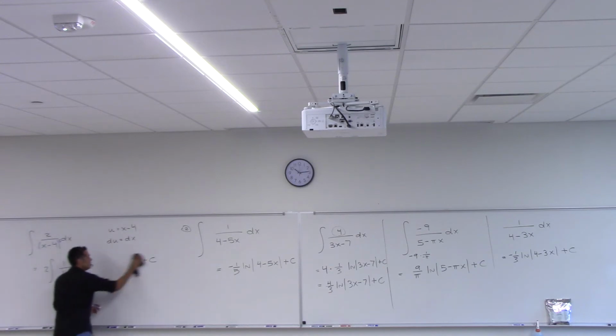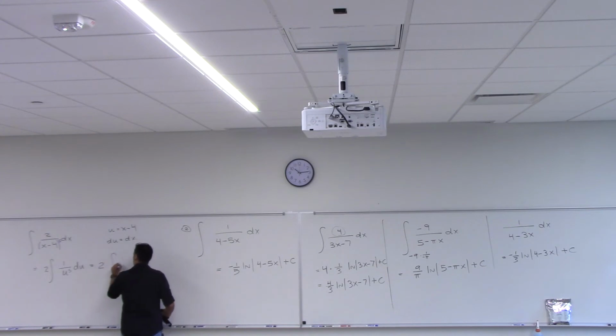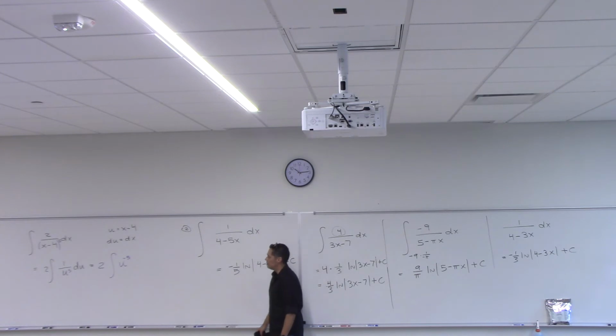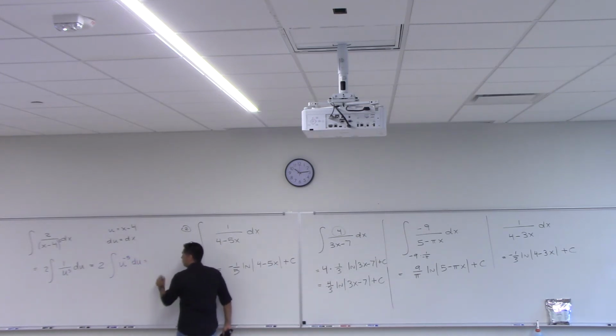So what would change is that this would now become 2 integral, I bring that power up, u to the negative 5 du. Then I would use my power rule. So now I'm ready for my antiderivative. I add 1 to this, right? And I have to also scale by that, don't I? Yes.